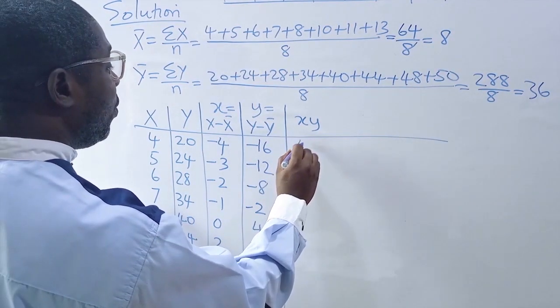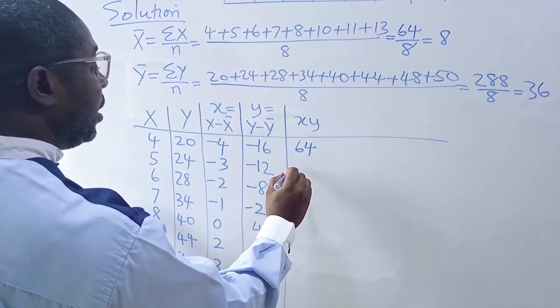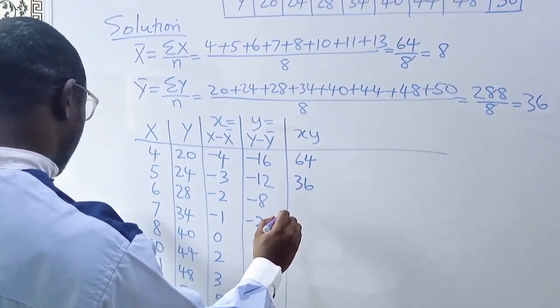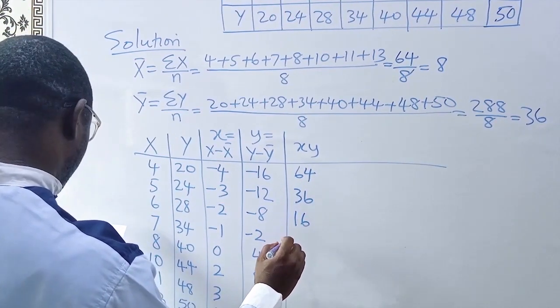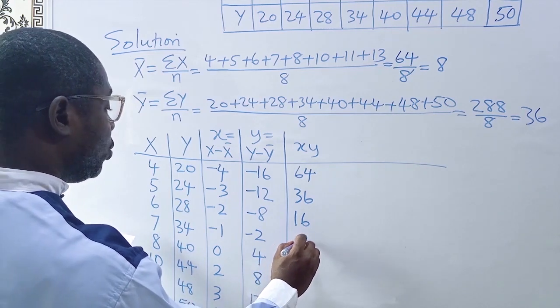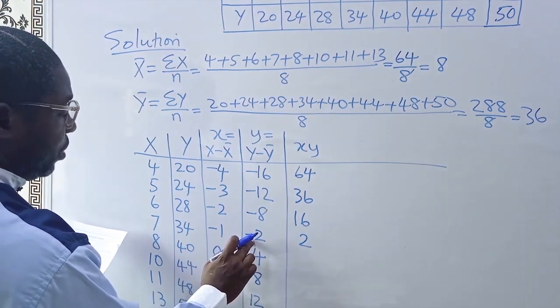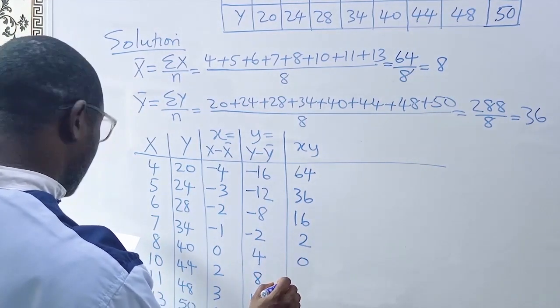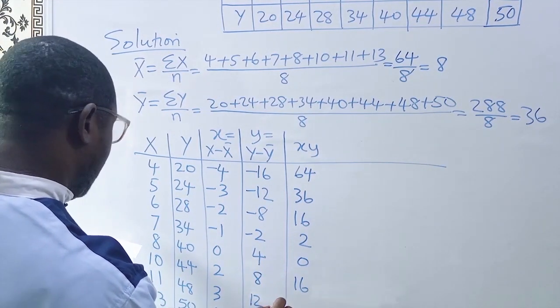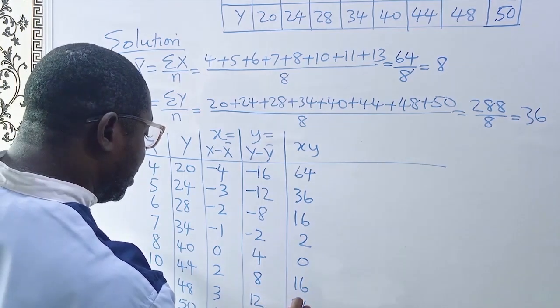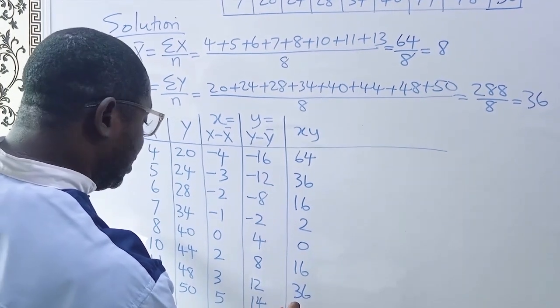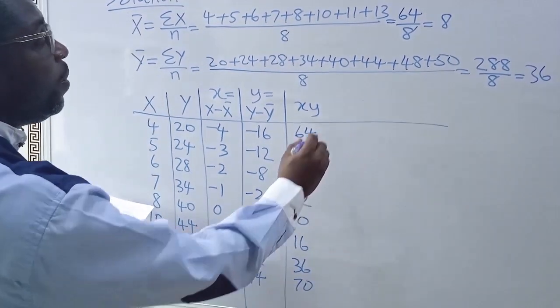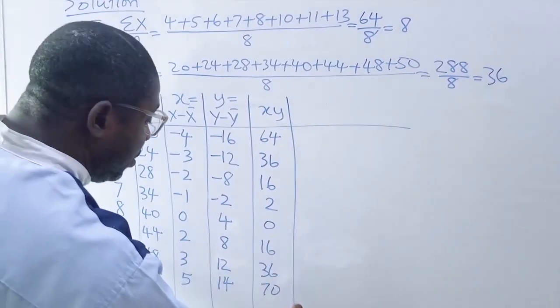We have 64 as the first one, and then 36, and then 16 the next one. The next one will give us 2, minus 1 times minus 2 gives us 2. The next one will be 0. The next one will be 16. The next one will be 36. The next one will be 70, as you can see. Alright, so we're done with this.